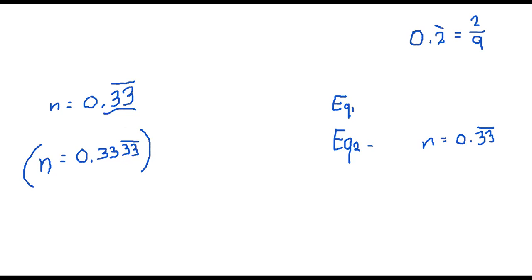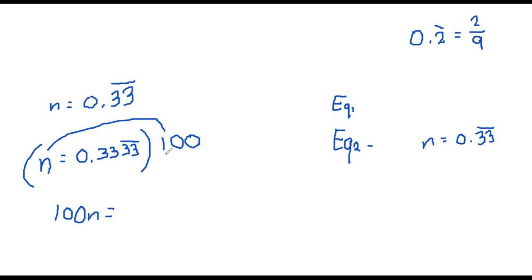Hundreds. So, dahil hundreds yung place value ni 33, kay 100 din natin siya i-multiply. Kay 100. Okay? Then, n times 100, that is 100n.